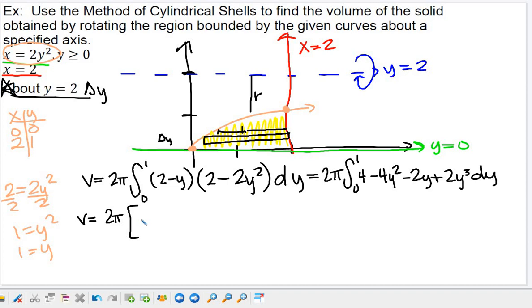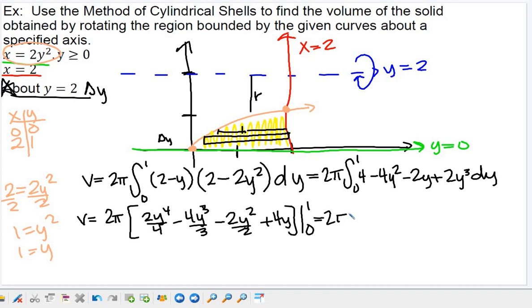I'm going to just put these in order because it makes me feel better. 2y to the 4th over 4 minus 4y cubed over 3 minus 2y squared over 2 plus 4y from 0 to 1. So 2 pi, 1/2 times 1 to the 4th, minus 4/3 times 1 to the 3rd, minus 1 squared, plus 4 times 1, and then of course minus 0.